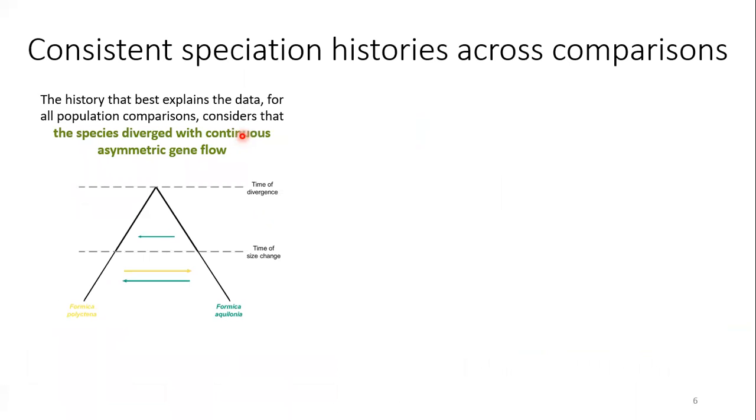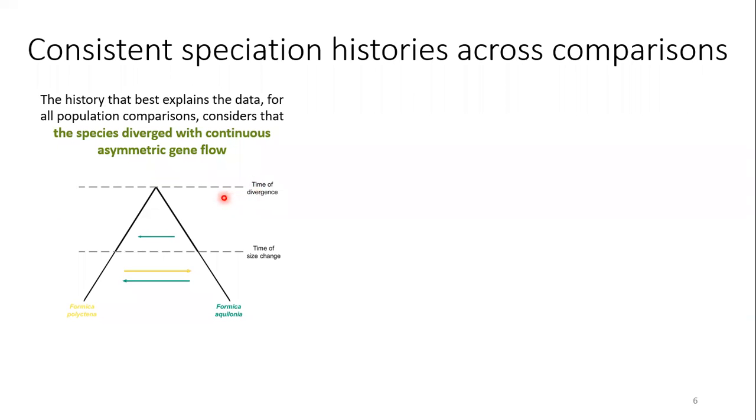After testing all models with all population comparisons, we found that the overall speciation history is consistent across all pairs. And this history contemplates a scenario of divergence with continuous asymmetric gene flow.